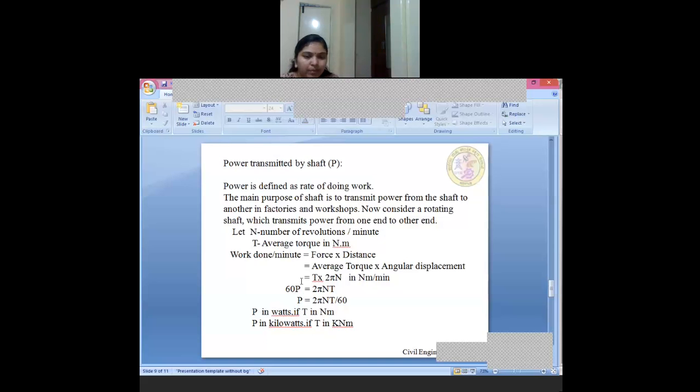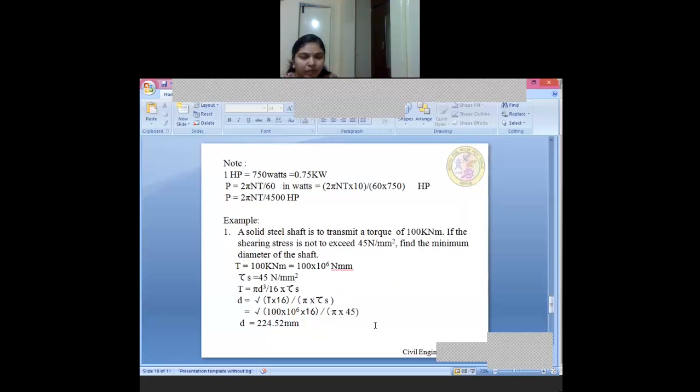So work done per minute is P into 60 is equal to 2 pi N T. So what will be P? P is equal to 2 pi N T by 60. This will be the power transmitted by the shaft. What is P? It is in watts when T is in Newton meter. P is in kilowatts when T is in kilonewton meter.